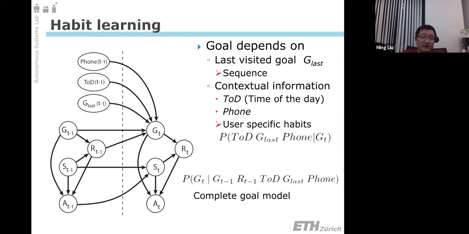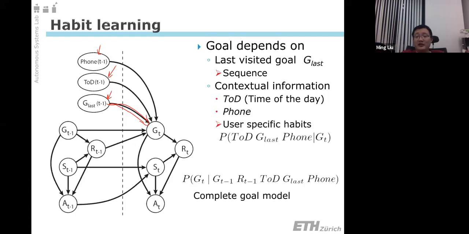And if we introduce further conditions, like I mentioned, if the phone rings, probably the answer is to go to the phone. If the time of day is during coffee hour, probably the goal is to go to the coffee room. Or the last goal in the previous mission was somewhere, and then there must be some consequent actions.